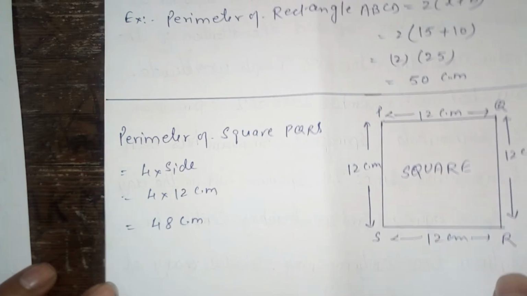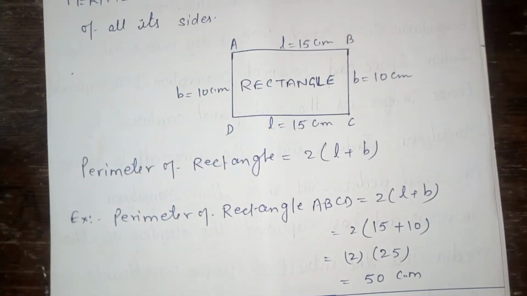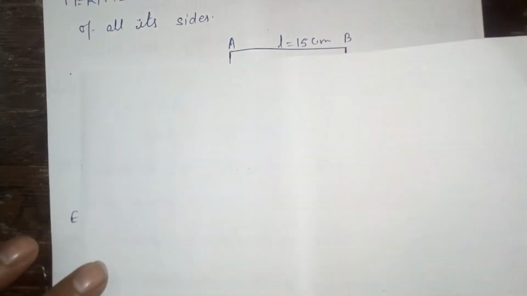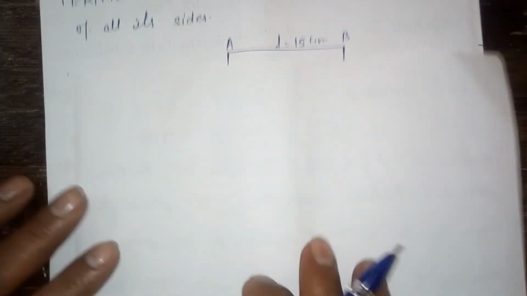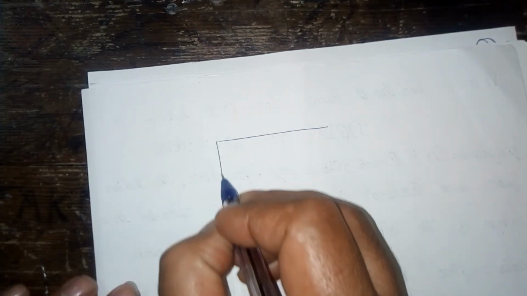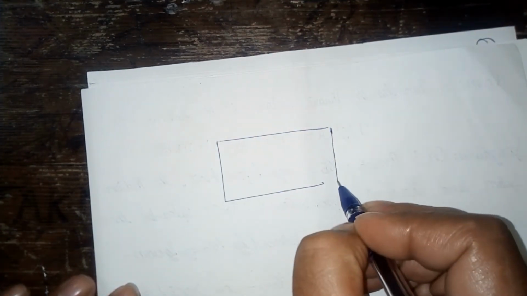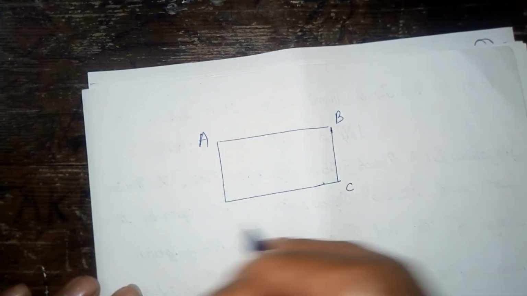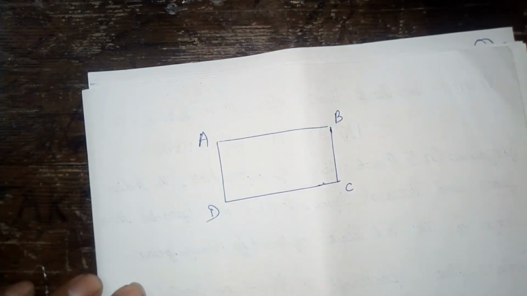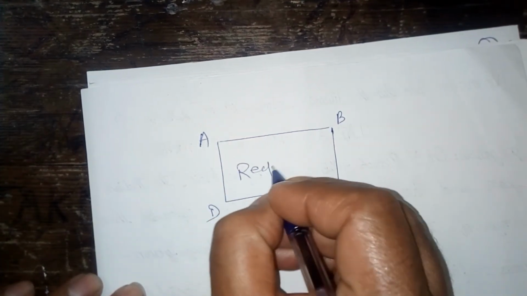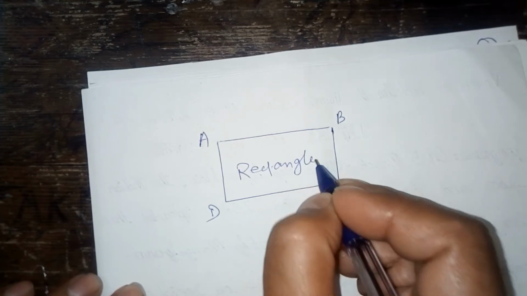Again, I have one more question. Suppose this is a rectangle ABCD.